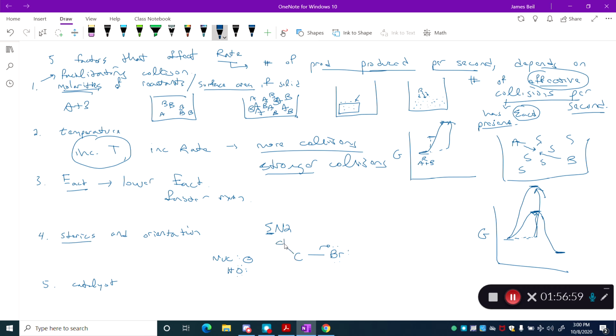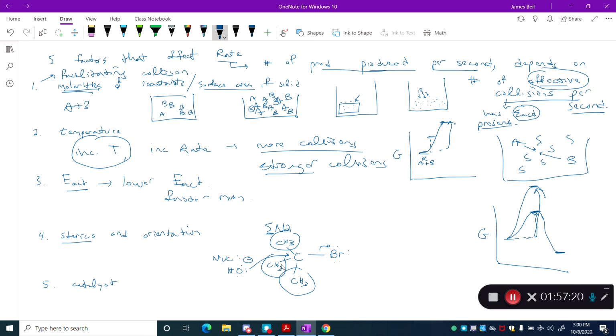If I put methyl groups here, this reaction is not going to work. The crowding or sterics of these methyl groups prevents the OH from colliding effectively at the site it needs to collide to push out the bromine.